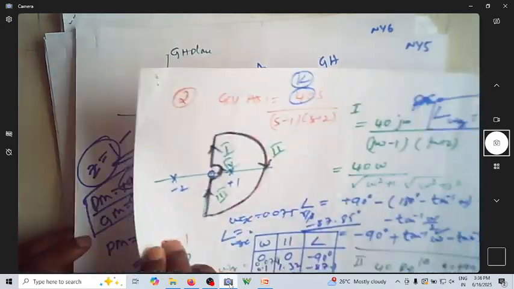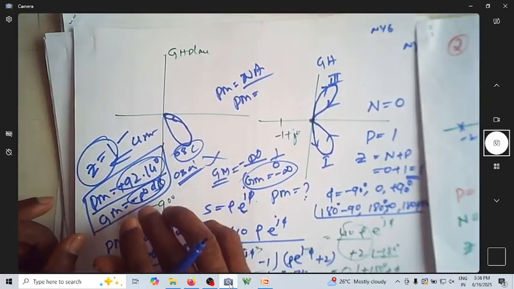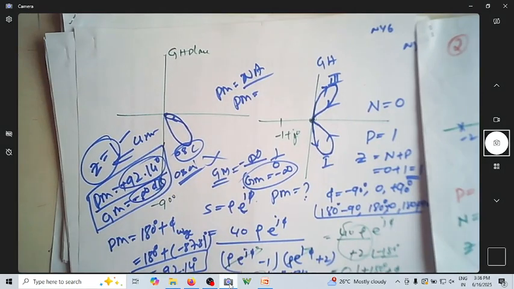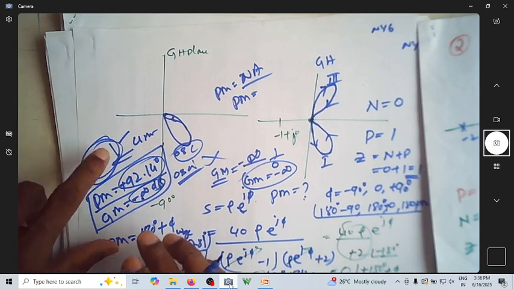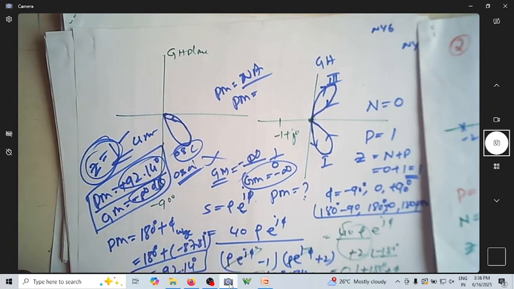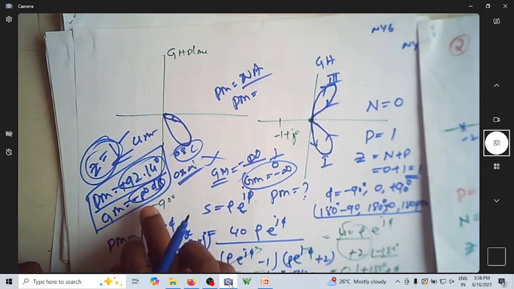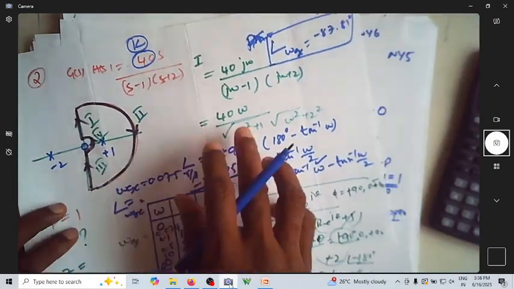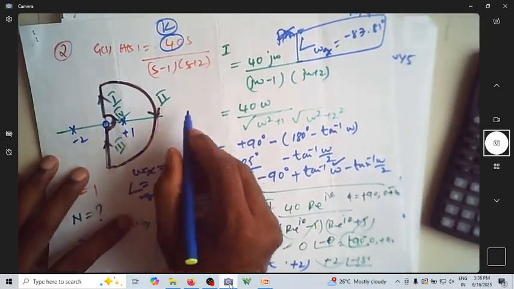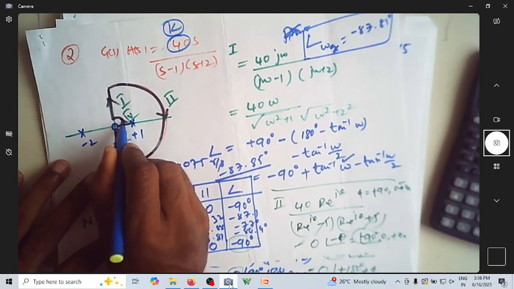Of course, gain margin and phase margin will not exclusively say whether the system is stable or unstable. When Z is 1, this certainly says that the system is unstable. The system can never become stable, because if you see the root locus, this is how it goes.